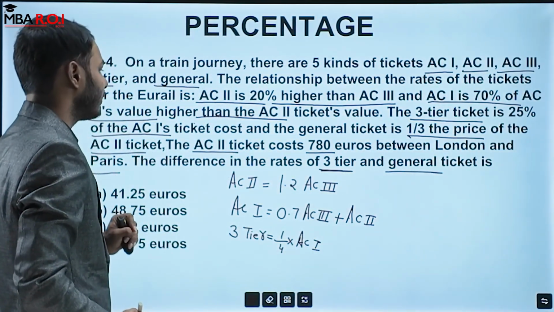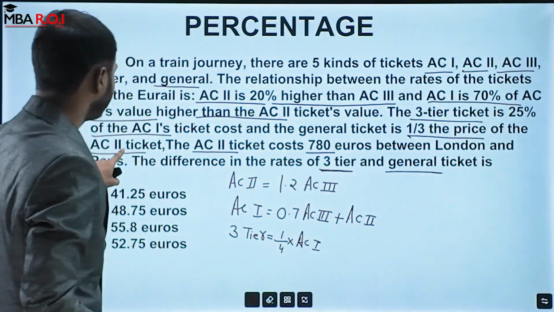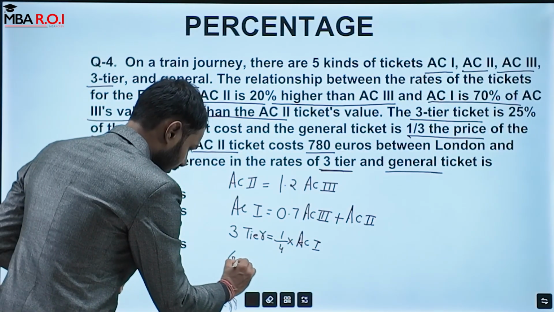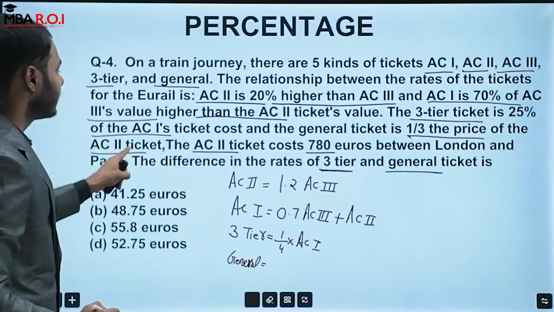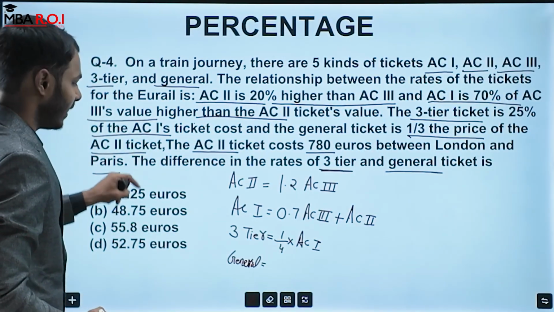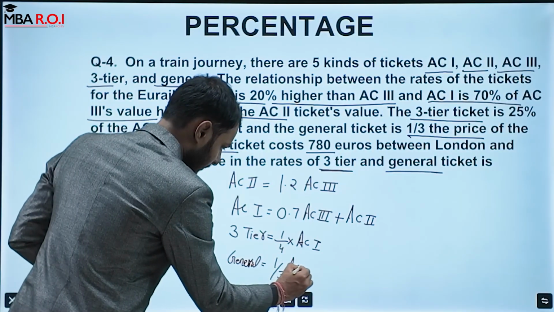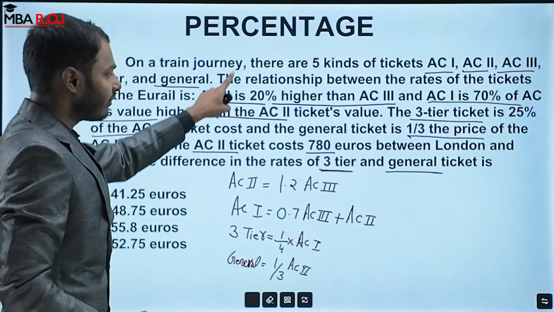The next statement that we have is that the general ticket is 1/3 the price of the AC second ticket. So now I can write that the general ticket is 1/3 the price of AC second. So these are the expressions that we got after reading the question.